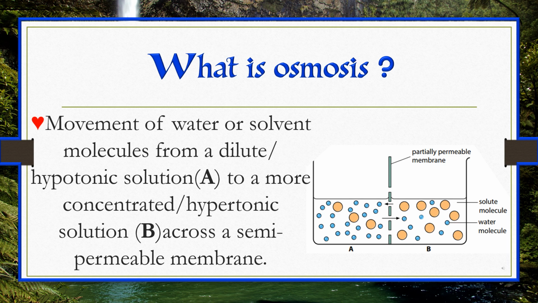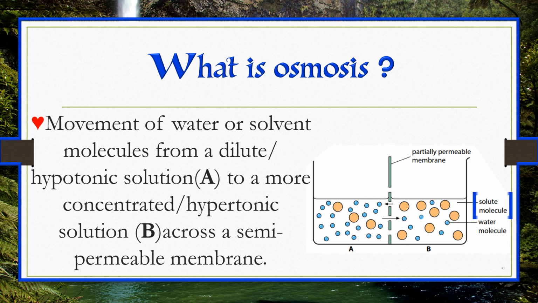So when you look on the diagram, you will see that in the middle we have a partially permeable membrane. We have the water molecules and we also have the solute molecules.